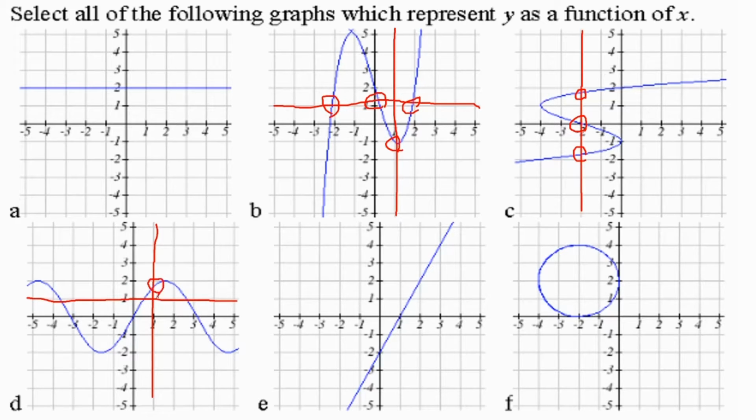This passed the vertical line test, but not the horizontal line test. Just 3 lines, so we don't have to do work to see if it's a one-to-one function.